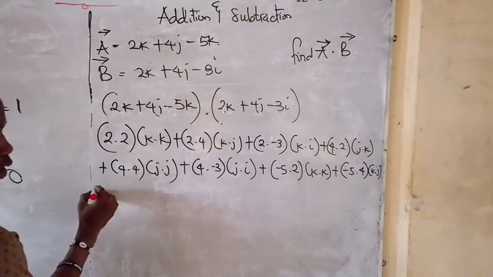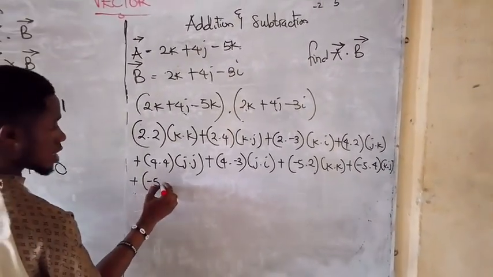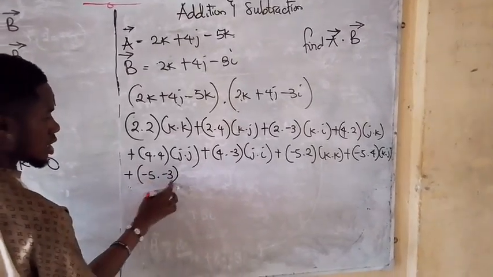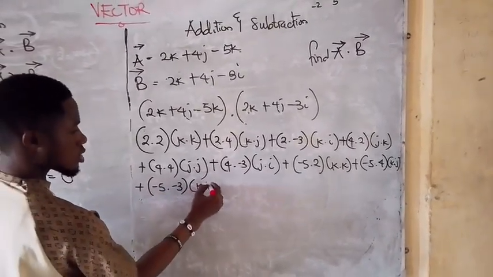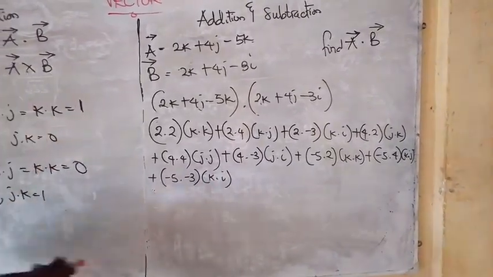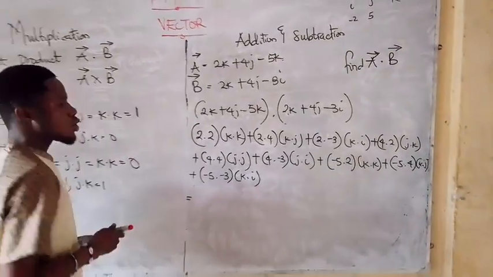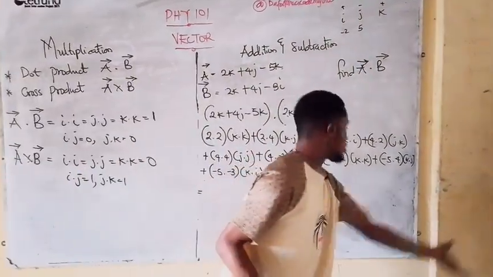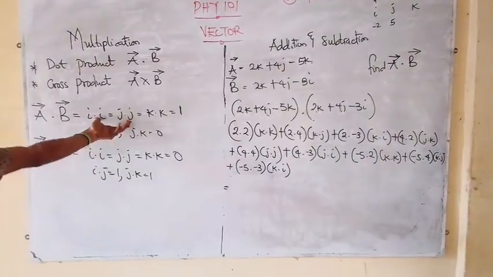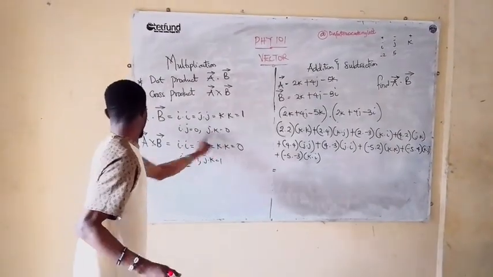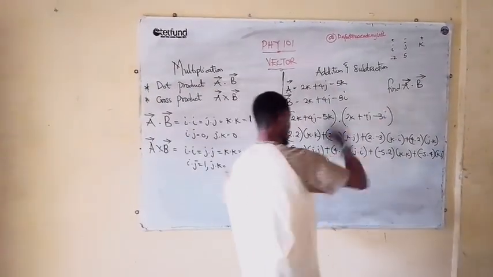Next one I have plus minus 3 dot minus 3, minus 5 dot minus 3 bracket k dot i. All right. So from here, using the law I told you, we are done. Anywhere I see any different thing in dot product, it means 0. I'll just count them.